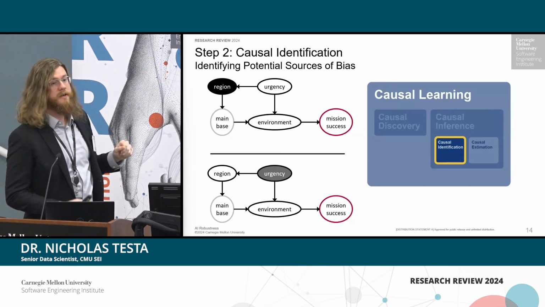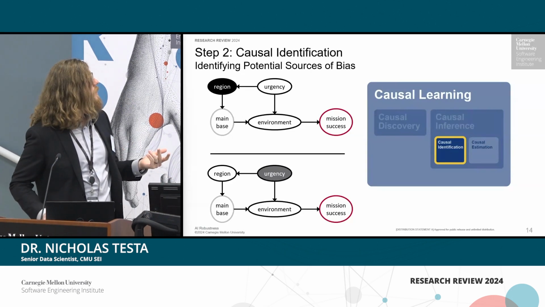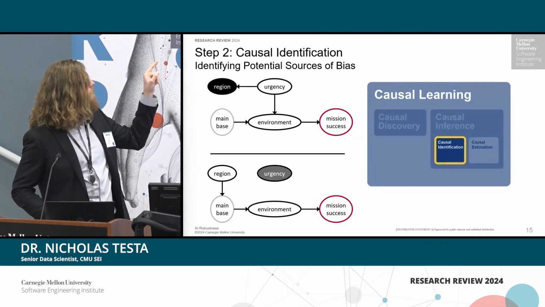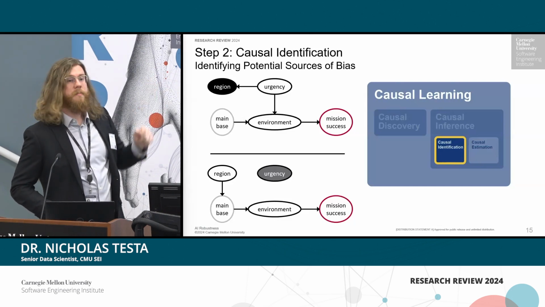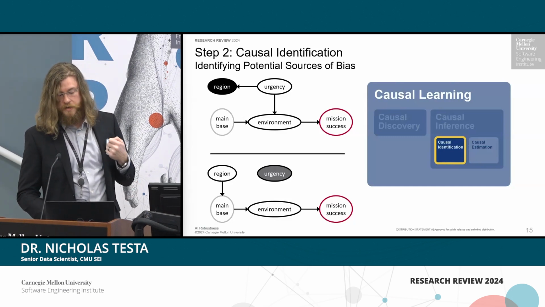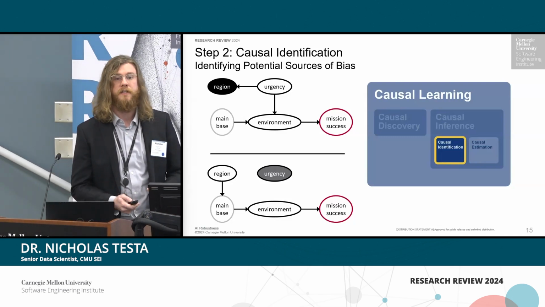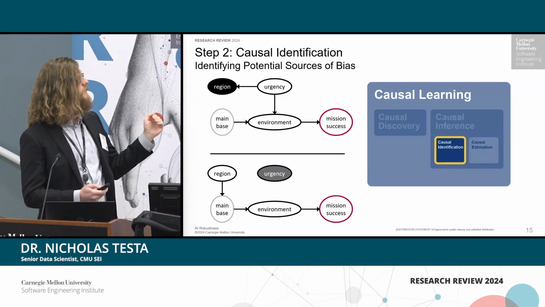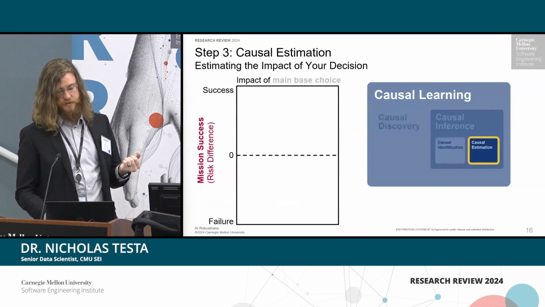These two color-coded groups here allow us to break the connection between main base and mission success in all of the alternate paths that we don't want bias from. And we can then take these and input them into causal estimation algorithms later, so that we can calculate the effect that main base has on mission success for both of these different color-coded sets.